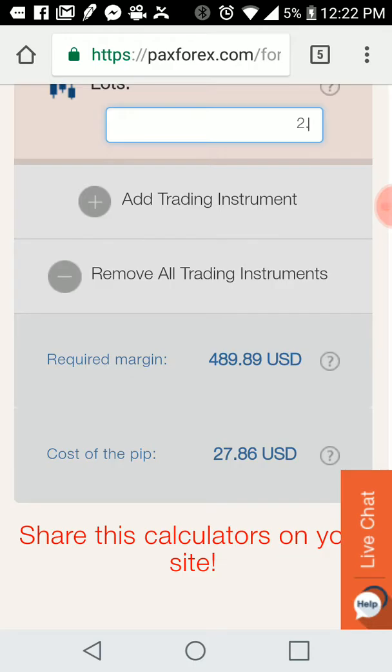But in this case, we will actually be going for 8 pips because there is a spread that also must be covered from the Forex insurance. So in this case, why not go for 10? So we're going to go 10 pips at this range, $27.86.